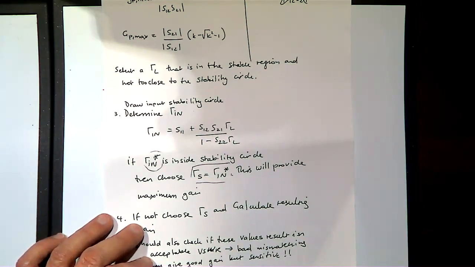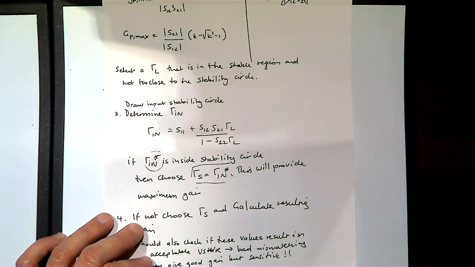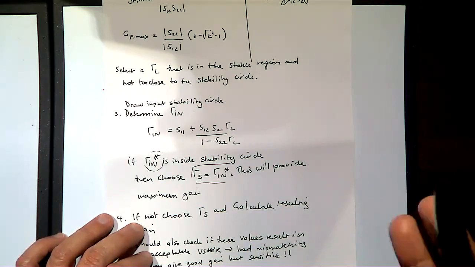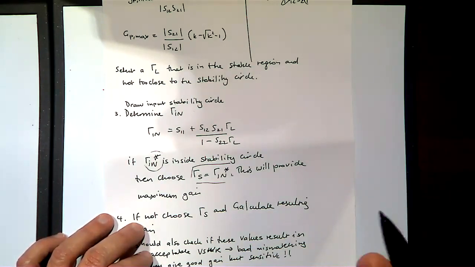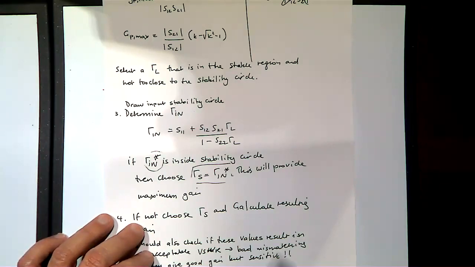Instead, you can say, I really like what's happening at my load, right? I've set it up so that I've got a very good voltage standing wave ratio. You know what? I'm prepared to tolerate even a little bit more loss in order for the system to be stable.